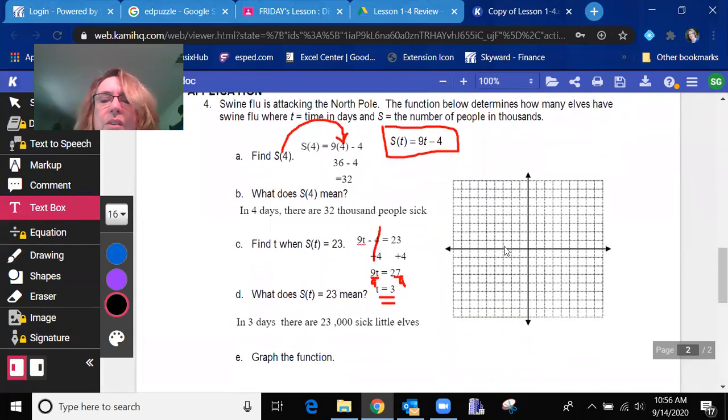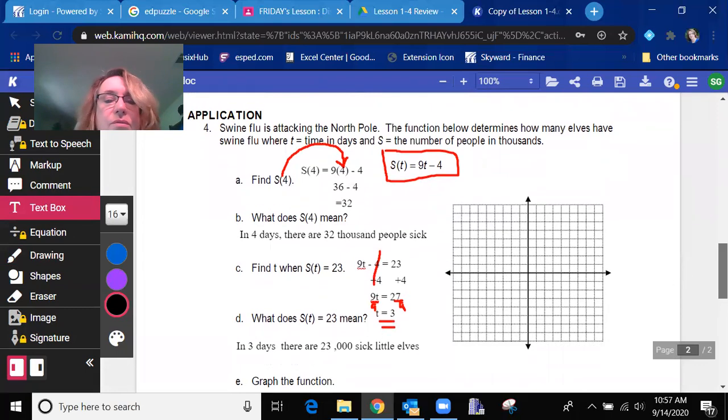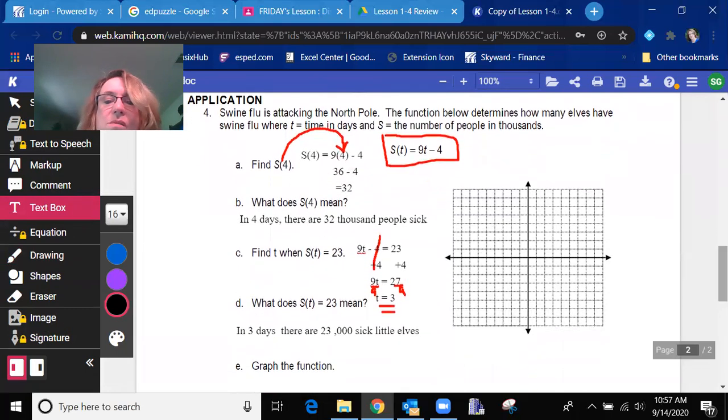Now, the graph is a little tricky because we've got these numbers. So here's the x. Which points do I have to graph? If it says graph this function, how am I going to graph it?